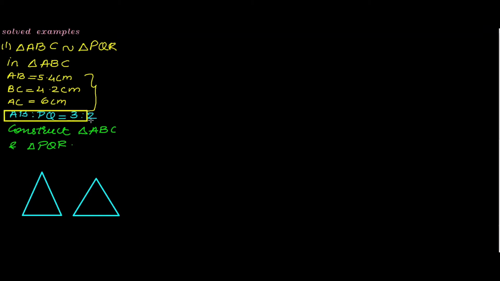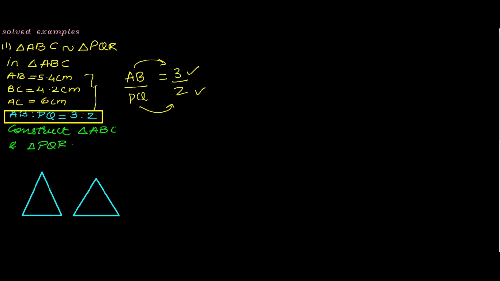AB is to PQ is equal to 3 is to 2. This means that AB upon PQ is equal to 3 upon 2. This means AB is the bigger triangle and PQ is the smaller triangle, as 3 is bigger than 2. So we come to know that triangle ABC is bigger and triangle PQR is smaller.